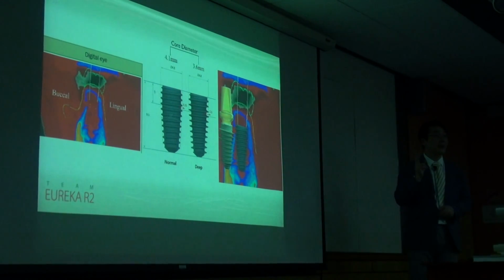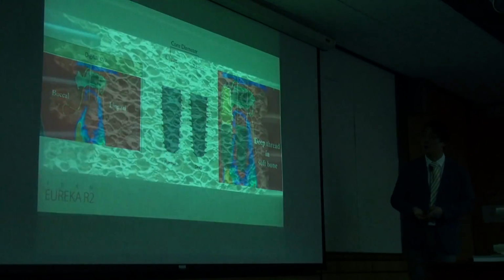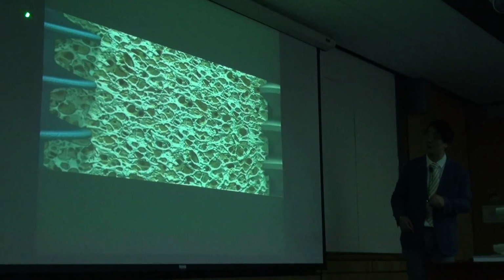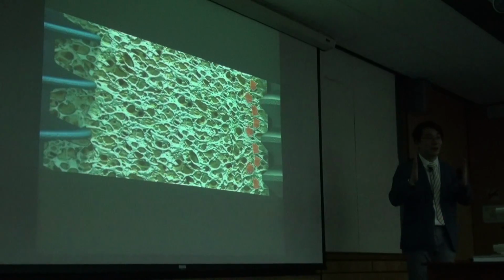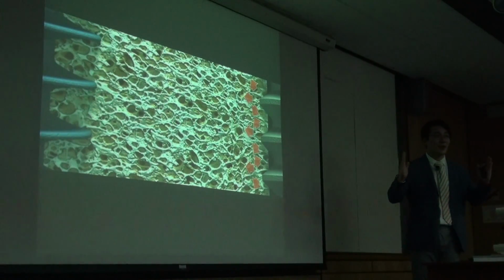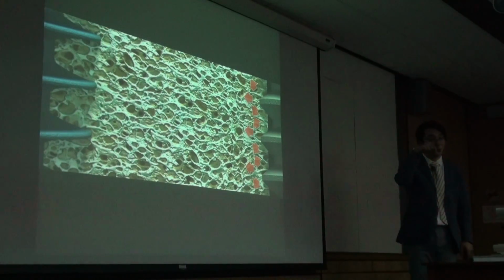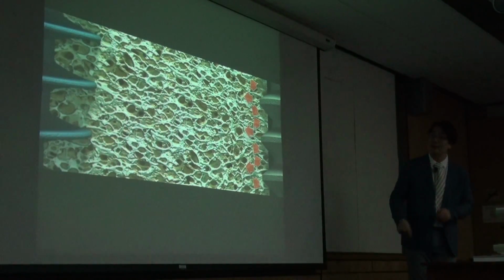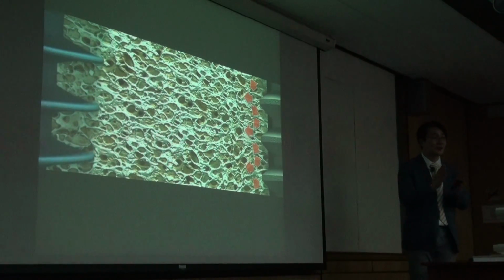The best merit of the deep thread is this: the core is narrower than a normal implant, so we can prepare a small amount of bone. When you use the normal thread, the core pushes the bone and causes compression. But when we use the deep thread, even though we make small drilling, the deep thread engages the bone very easily. There is no compression.